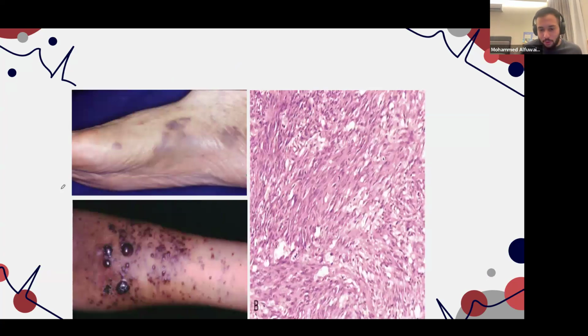How about this more malignant one? Kaposi sarcoma. Excellent. Kaposi sarcoma is basically another one of the blood vessel tumors. This one is more severe. It basically forms macules that then form into papules and plaques, which is all these papules. It's basically a tumor of spindle cells. There's a bunch of spindle cells in histology.